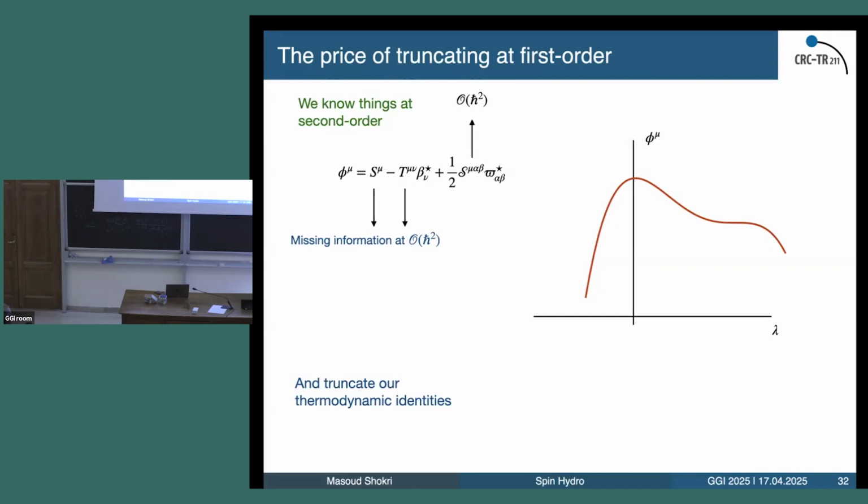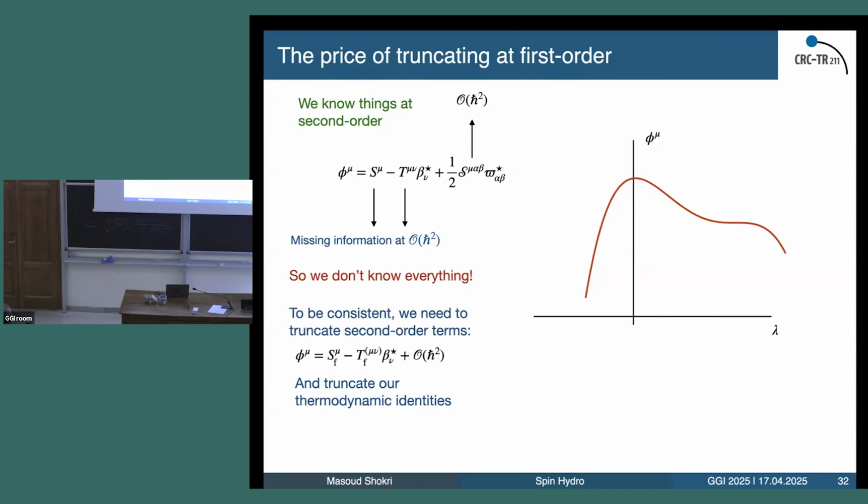So this means that we don't know everything that we need to find the stability conditions. And so to be consistent, we need to truncate second order terms and end up with this form, which gives you the fluid stability criteria that you already knew.